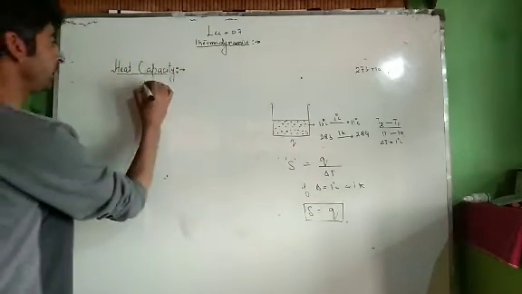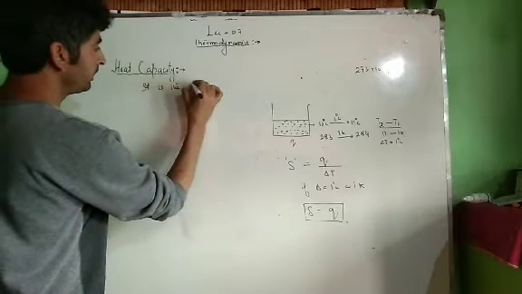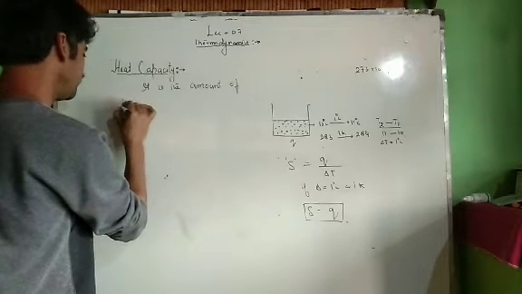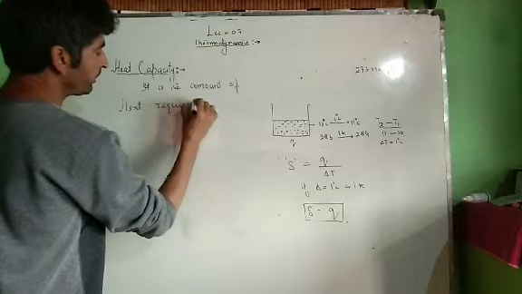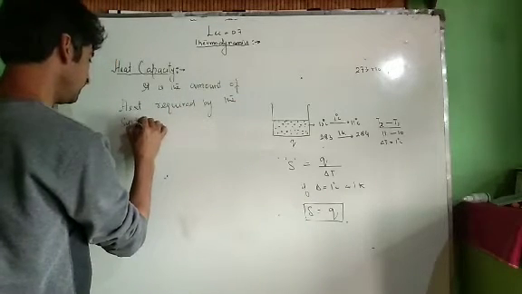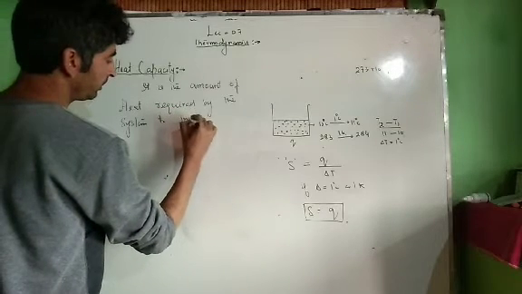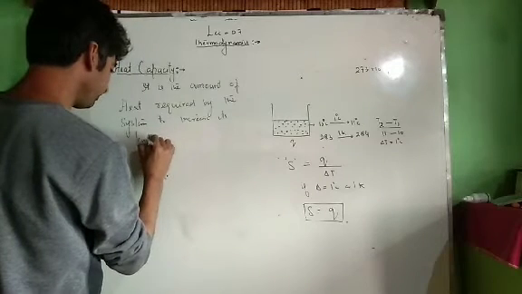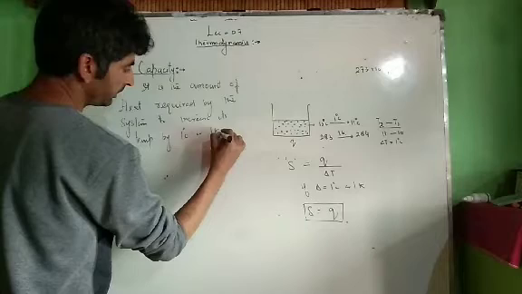Therefore, we can define it. It is the amount of heat required by the system to increase its temperature by 1 degree centigrade or by 1 Kelvin.